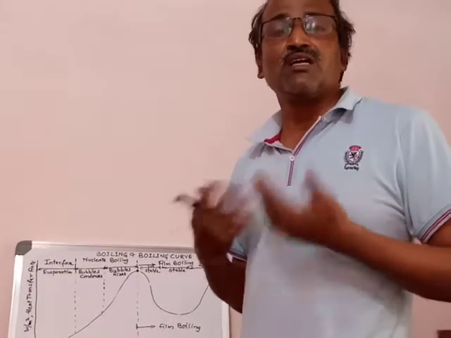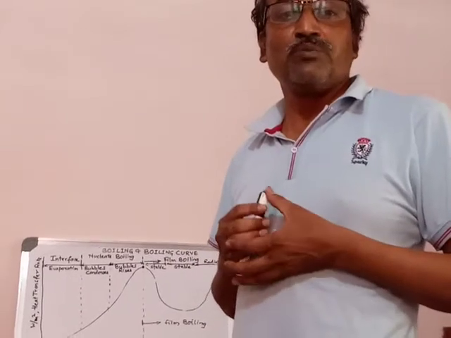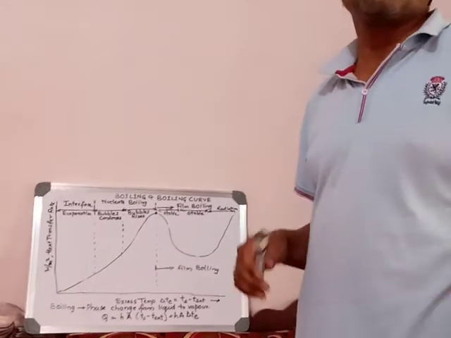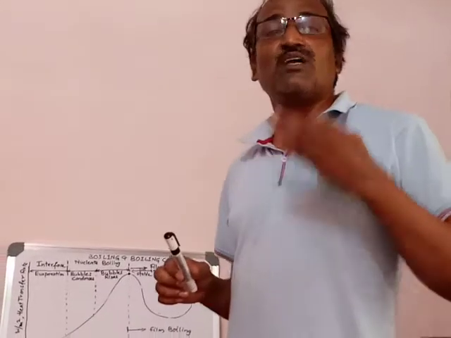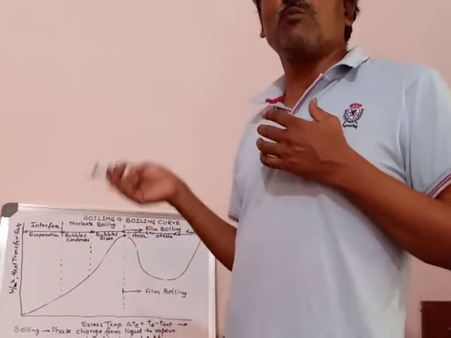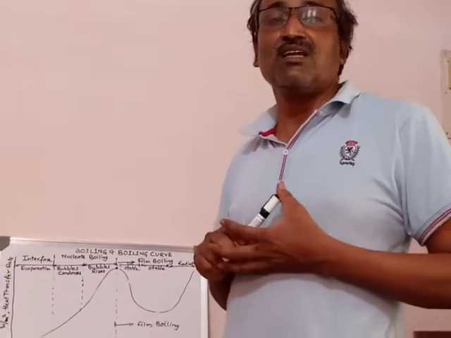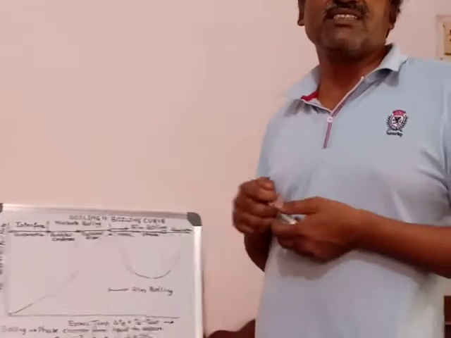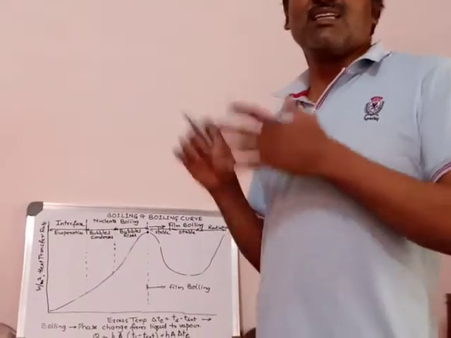Such types of numerical examples will appear, and it is very, very important since it appears 60 to 70% of the time: what is boiling and what is condensation. Either boiling and the boiling curve will be given in the examination, or condensation and its types, that is dropwise condensation and filmwise condensation.